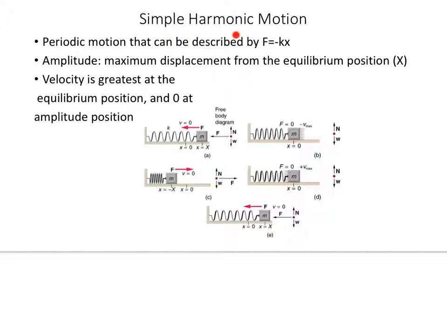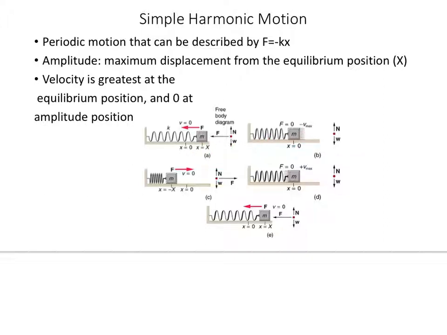The motion of the object that is vibrating or oscillating is called simple harmonic motion. And we've got some examples of this simple harmonic motion down here. We've got a mass on a spring, and it's oscillating horizontally on a frictionless surface, back and forth.